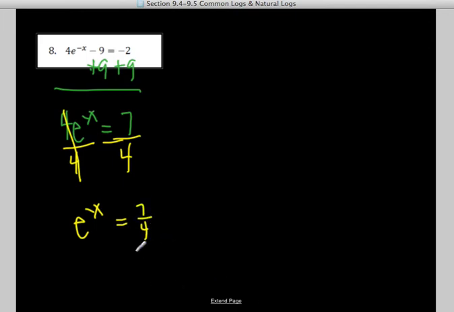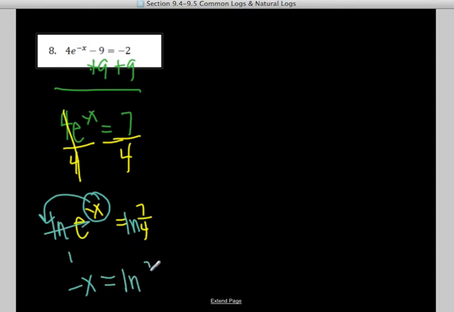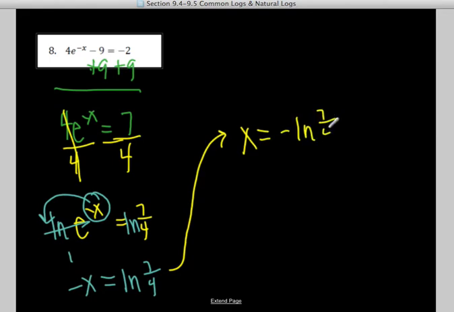Now, in order to get rid of e, I take natural log on both sides. That allows for my exponent to come down, so I have negative x, and natural log of e is 1. So 1 times negative x is negative x, equal to natural log of 7/4. And last step, divide by that negative. So x is equal to negative natural log of 7/4, because a positive divided by negative will be negative. So I type that into my calculator, and I get x is negative 0.5596.